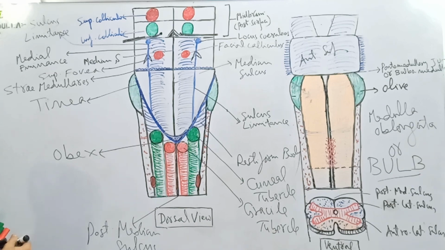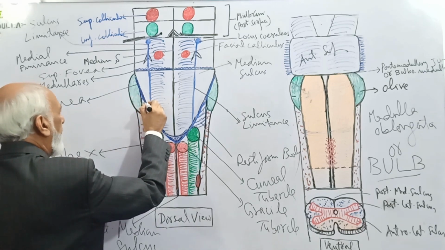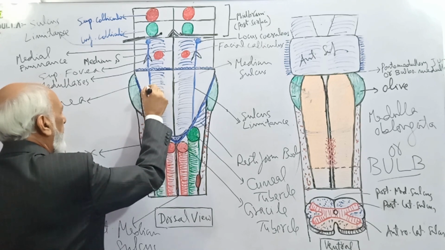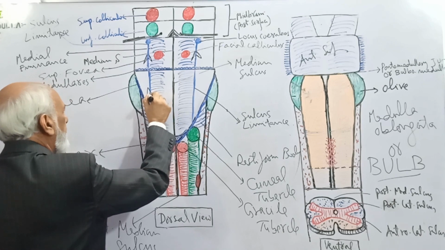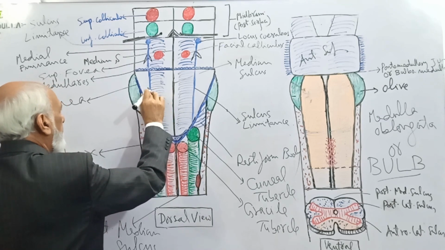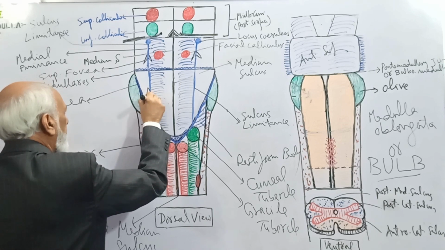Now, at the level of the lower part of the sulcus limitans of the open part of the medulla oblongata, again there is an inverted V-shaped depression, one on the right side and one on the left side.